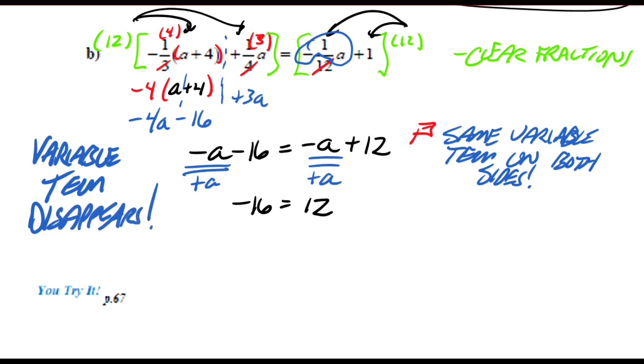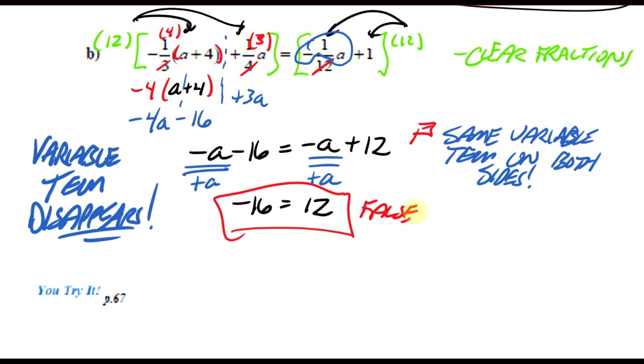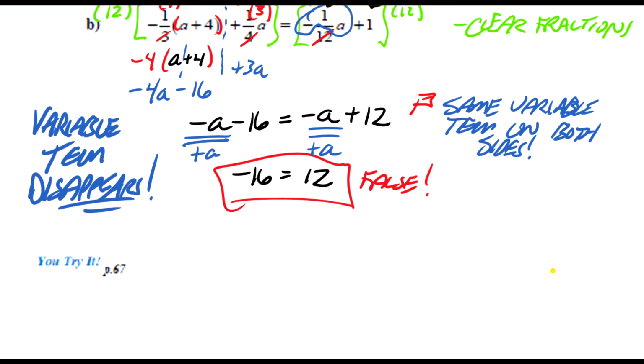But in this case, I'm left with an equation that's false, right? Negative 16 is equal to 12. That's not true. So therefore, this is a contradiction.